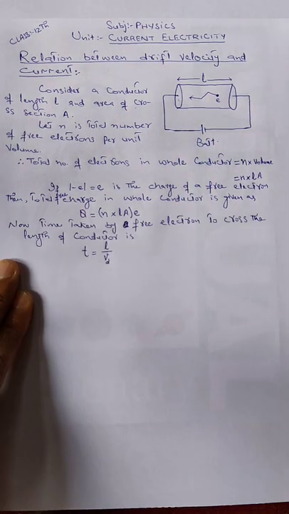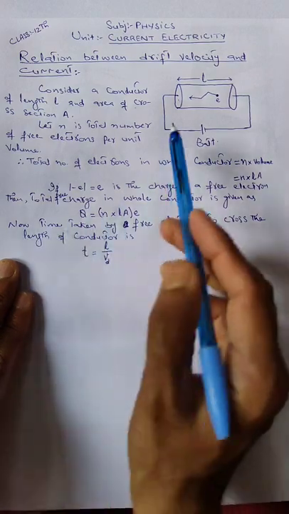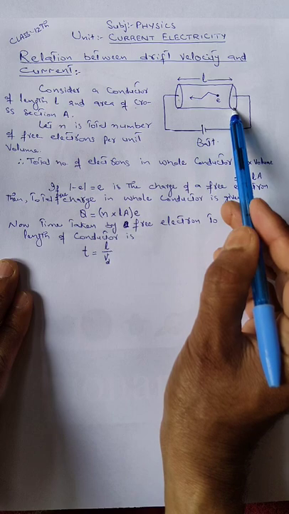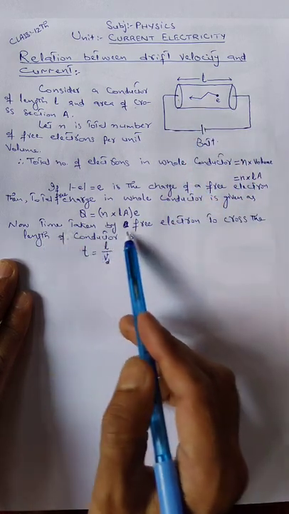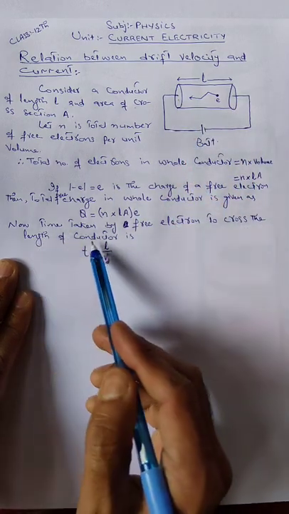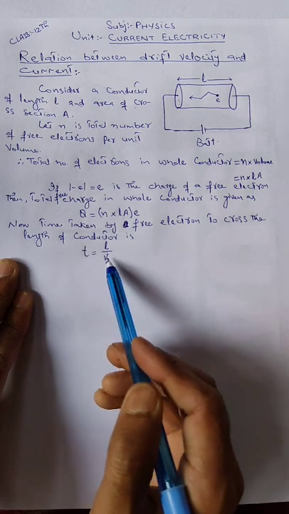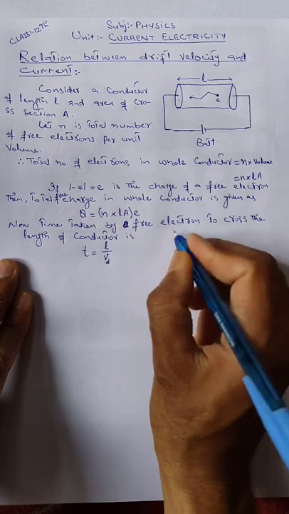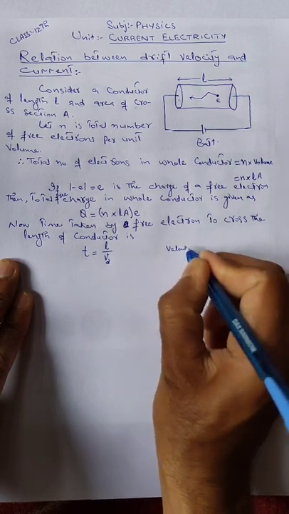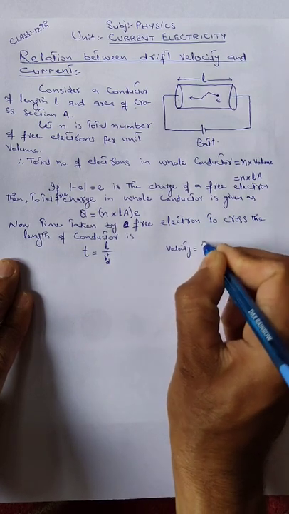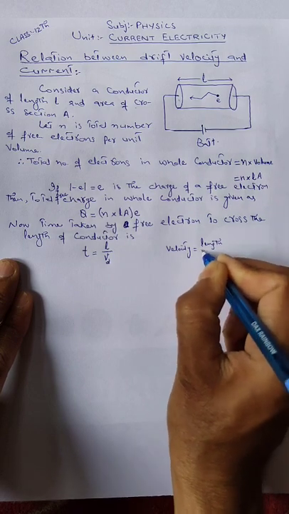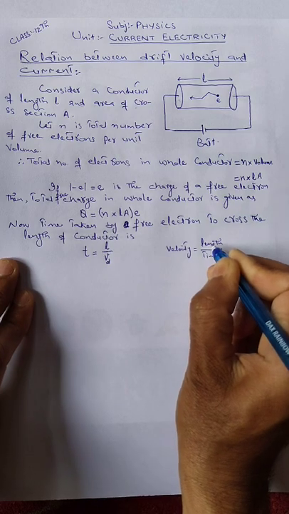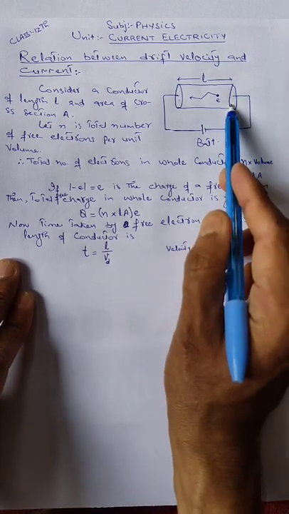Now the next point is how much time a free electron will take to cross the whole conductor, meaning from this point to this. Time taken by a free electron to cross the length of the conductor is given by t equals L by Vd. How does this relation come? We know velocity is equal to length over time, or displacement over time, but here the displacement is simply the length.